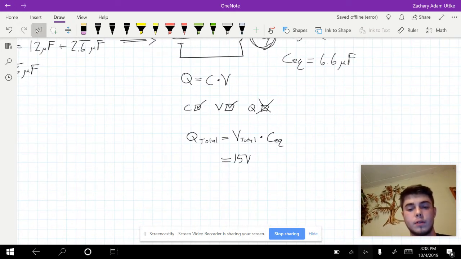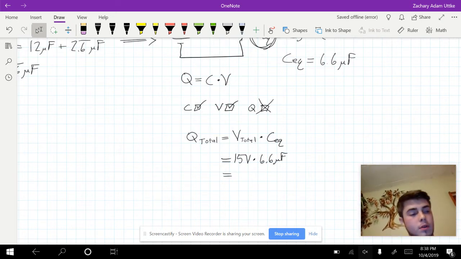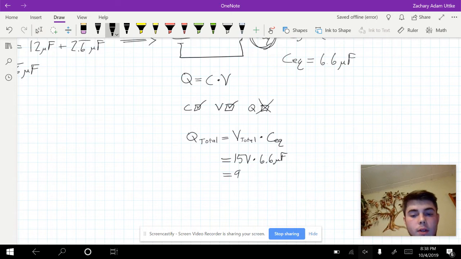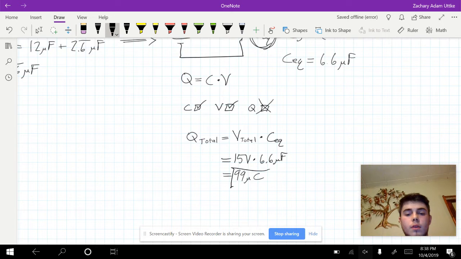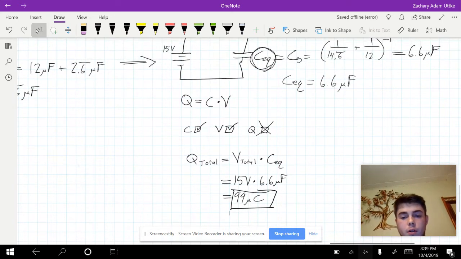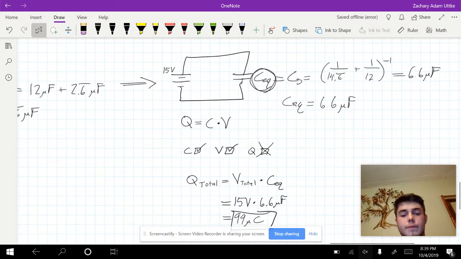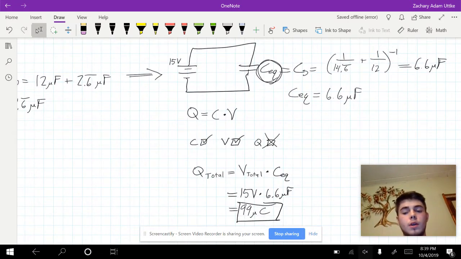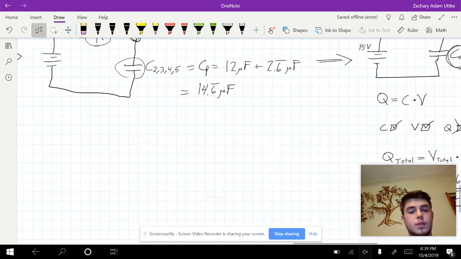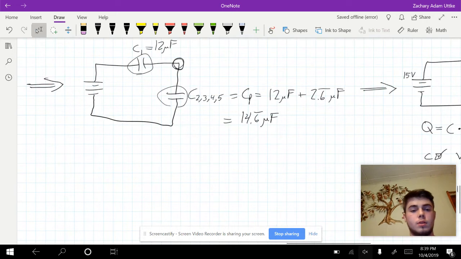So we take 15 volts times 6.6 microfarads. 15 times 6.6 is 99 microcoulombs. So our charge is 99 microcoulombs. Okay, so now for this circuit right here, we have charge, voltage, and capacitance. So we have everything. Now we can work one step backwards to this circuit right here.